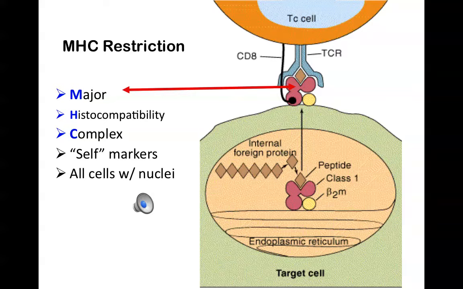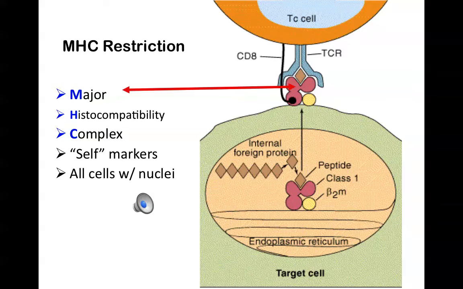A sort of long phrase that can simply be described as self-markers. If you've ever heard of someone going for an organ transplant and they have to go for tissue typing or tissue matching, these are the structures on the donor organs that are matched up or correlated with the same types of self or tissue markers on the recipient.